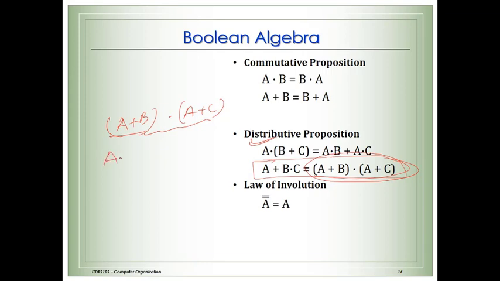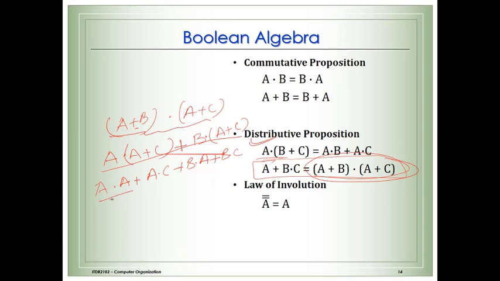How can we write it? A dot A, sorry, A and (A OR C), plus means OR operation, B and (A OR C). So you can open this one by using this identity again: A and A, OR, A and C, OR, B and A, OR, B and C.